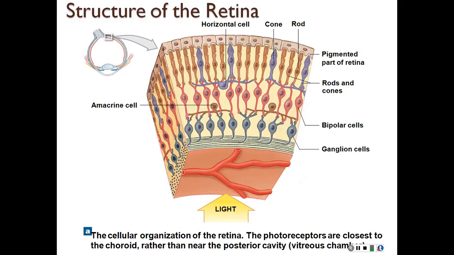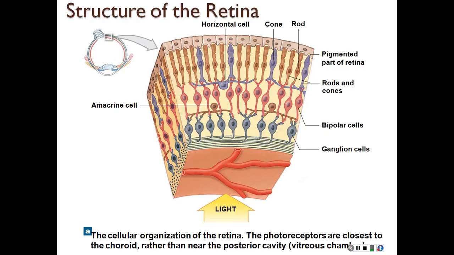Now, this is an interesting picture you may not have thought about, when light comes into the eye and hits the retina. This is a picture of the full retina. This is the front of the retina, so light goes through this part of the retina, but it has to go through all of these other cells that we'll mention in a second in order to make it back to the pigmented part of the retina, which is where the rods and cones are activated.